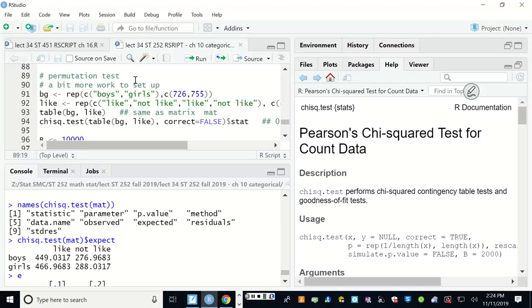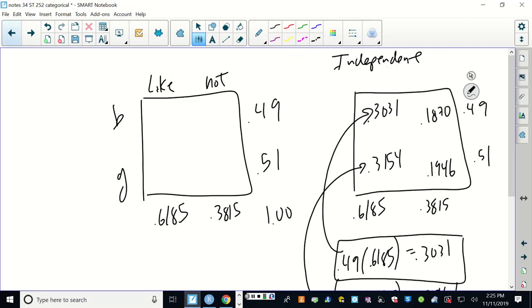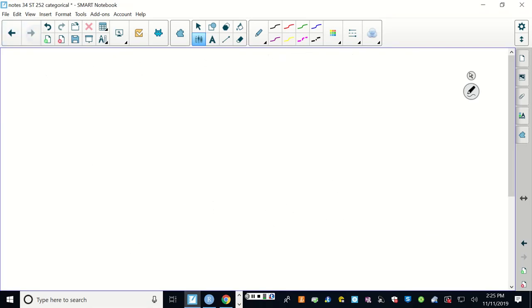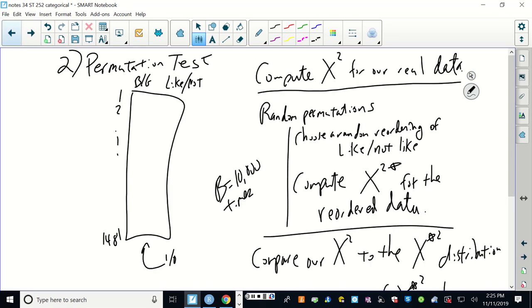To set up a permutation test like we talked about, the only way I can think about doing it is actually having a little table.